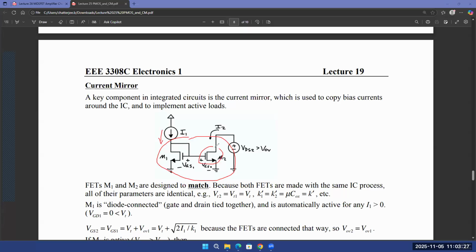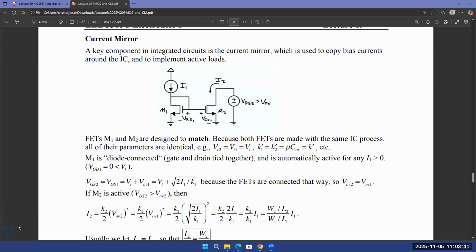And on this side, because you are only interested in the VGS of these 2 transistors, M2 and M1, you equate VGS2 and VGS1, and then derive all these equations to eventually figure out that I2 over I1 is equal to W2 over W1.